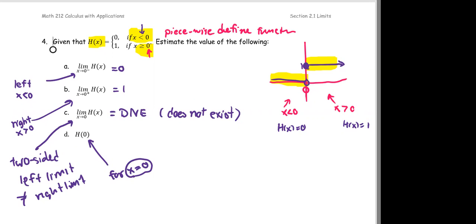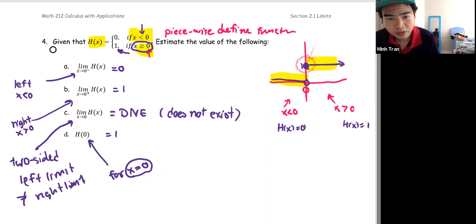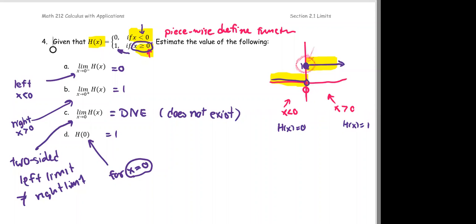The one at x equals 0 would be the second option, because x is greater than or equal to 0, which includes x equals 0. So we go with the function value 1. That's the answer, and that should be confirmed by the graph that we drew earlier. h at 0, as you see at the point 0, the function value right there is 1. So they both have to agree.